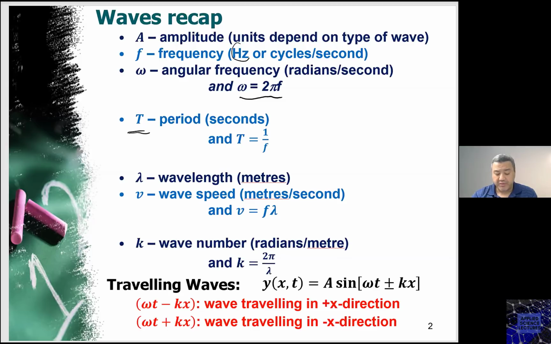Period T is the time length for one full cycle, which is 1 over f. We have the wavelength, the length of one cycle, and the wave speed, which is equal to f lambda, and the wave number in radians per meter, k equals 2 pi over lambda.